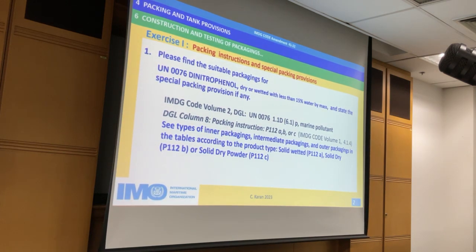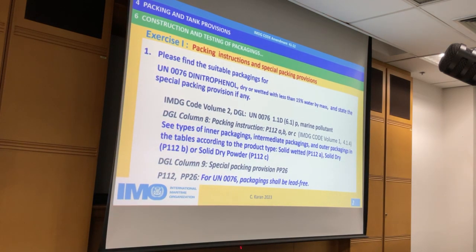It's not compatible with lead. So the packaging should be lead free. Okay, we are done with this question. We have found PP26 under the table, and the packaging shall be lead free. Bravo.